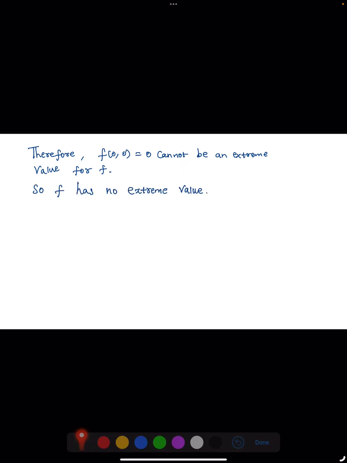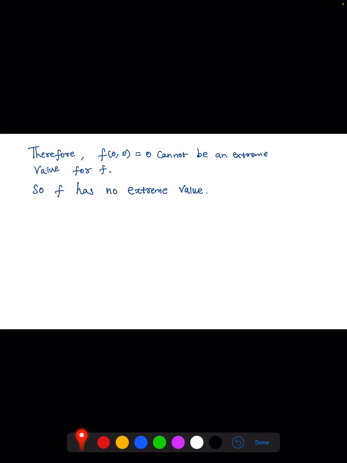So in this case you cannot determine whether it is a maximum or minimum point. Therefore, f of 0 comma 0 gives you 0, which will not be an extremum value. That means this will not be a maximum value or a minimum value. So f has no extreme values.